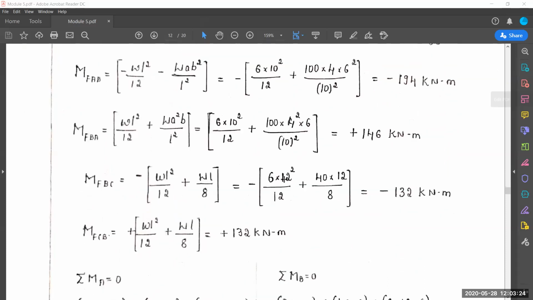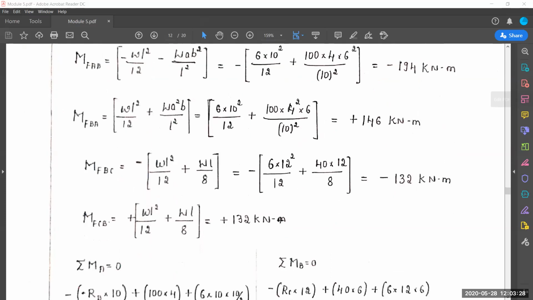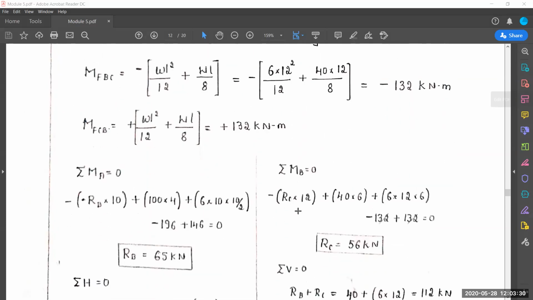Do this calculation. Just find out these fixed end moments. Once you find the fixed end moments, always remember in the direct stiffness method, shear forces need to be found. You cannot skip shear forces. Don't think that fixed end moments are enough.